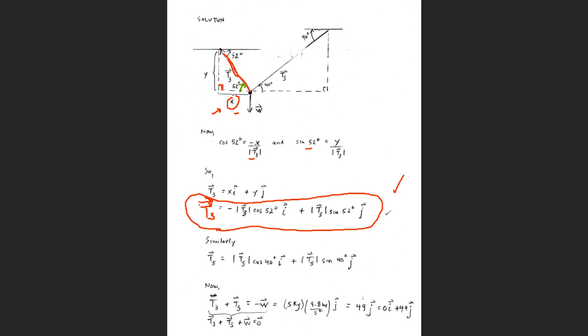Now, similarly, you can work with the tension 5 vector. For the tension 5 vector, you have a positive x here and a positive y there. If you worked it out, those x's and y's are different from the x's and y's for the 3-meter rope, but the tension 5 vector would equal this.